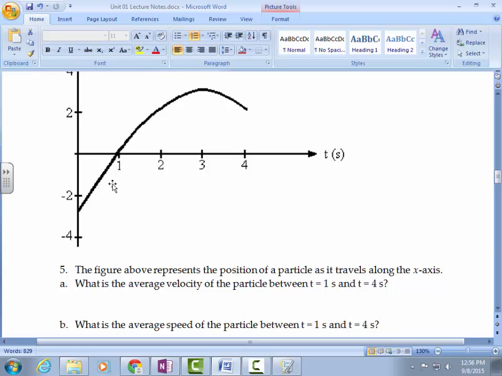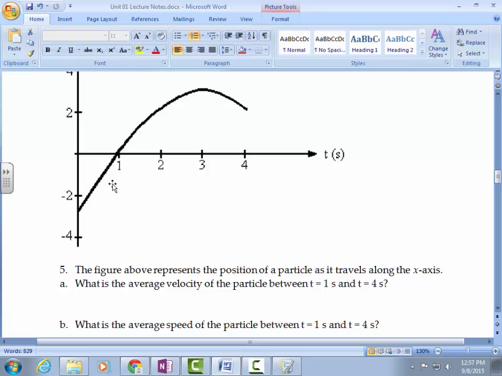What's the initial position at t equals 1? It looks like roughly around 0, right? What's the final position at t equals 4? 2. So let me actually write this out. So this is x of 4 minus x of 1, divided by 4 minus 1.